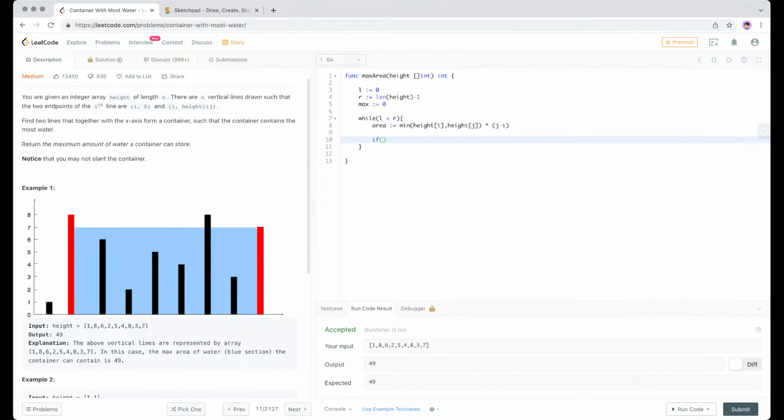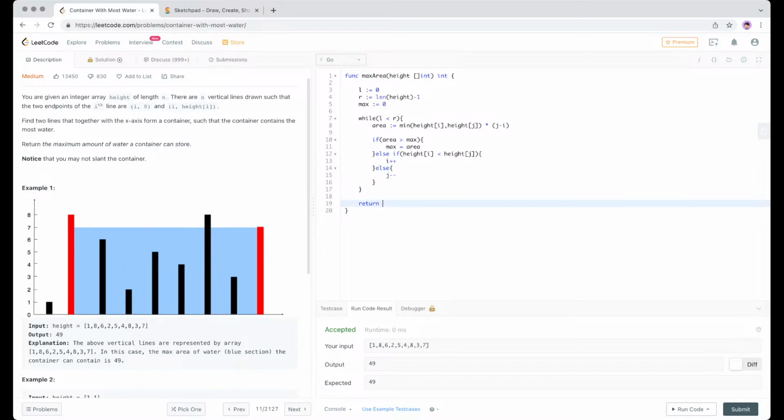And then if area is greater than max, you assign max to the area. Then if height of i is less than height of j, you move i, and else you squeeze j minus 1. So this is a two-pointer solution.